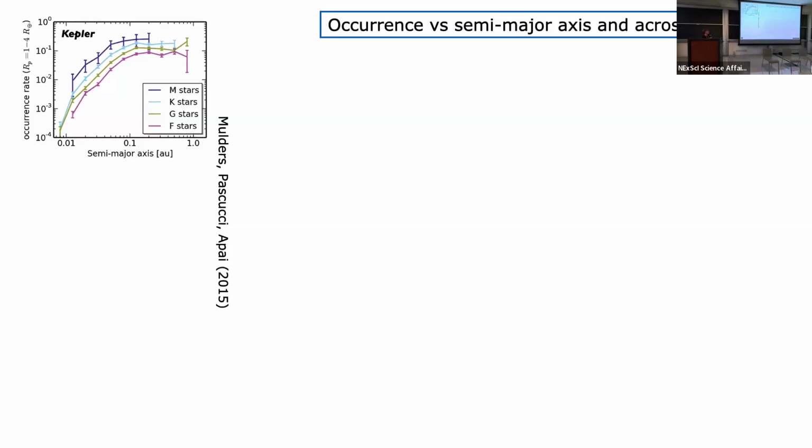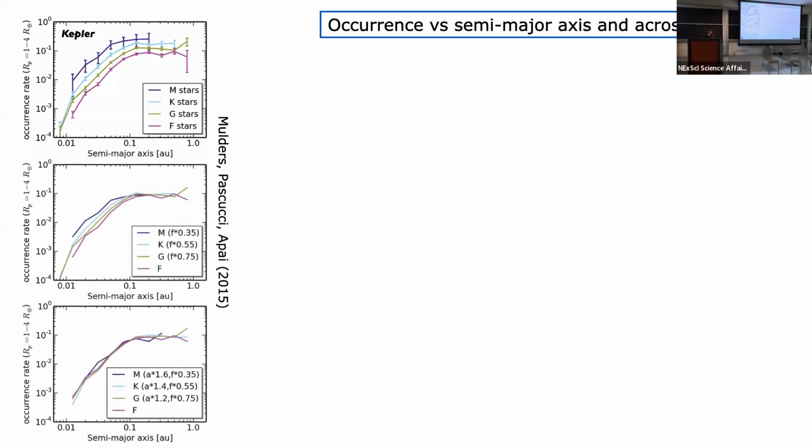And when you look at this plot, what you see is the similarity, essentially, of these curves. So you can shift them vertically and horizontally, and then you can even better see how similar they look.